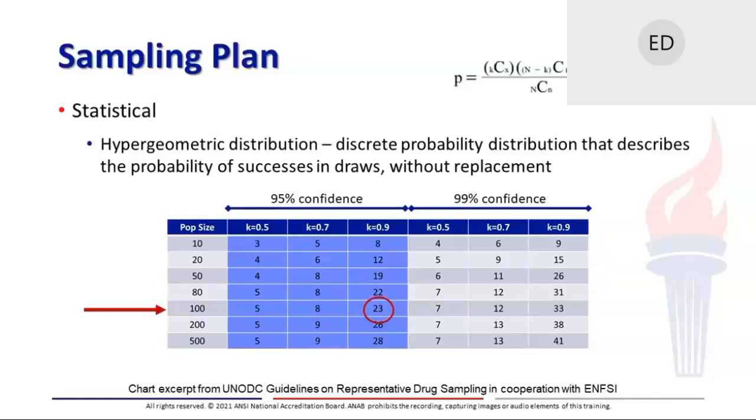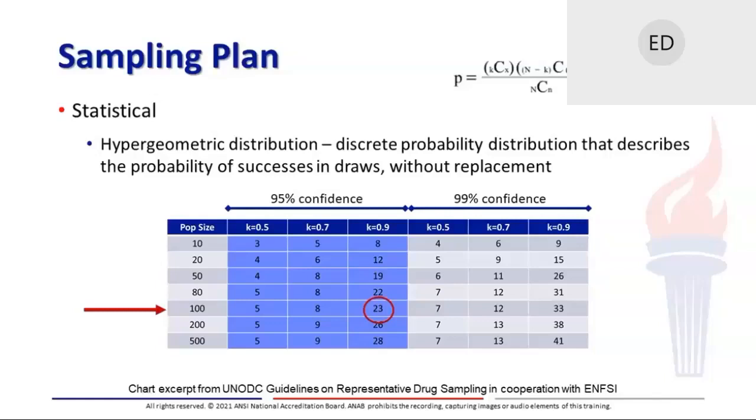I'm not going to go into this statistical calculation up here where it gives you the p-value. The p is the probability of obtaining exactly x successes, where k is the number of successes in the population, x is the number of successes in the sample, big N is the size of the population, little n is the size of the sample, and the binomial coefficient is the number of combinations taken.